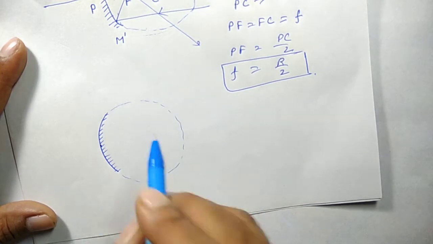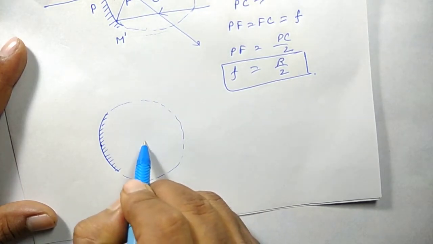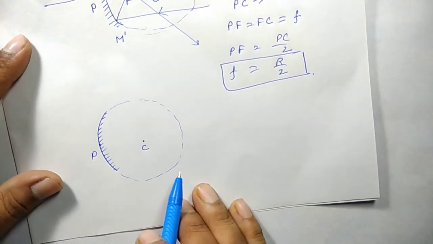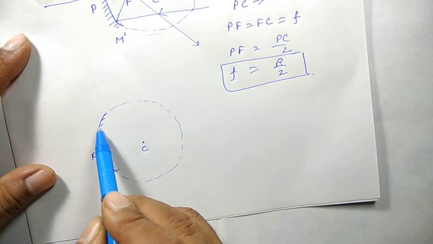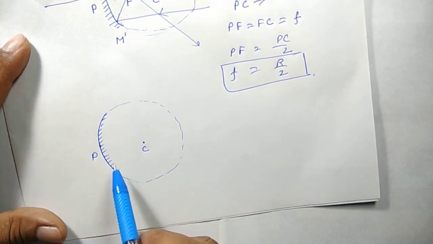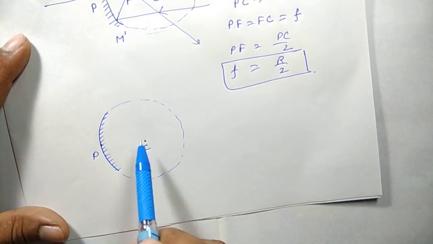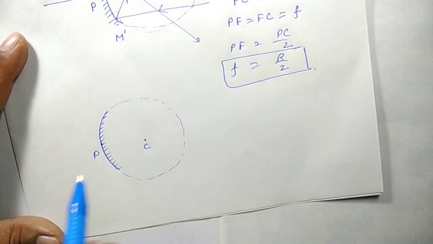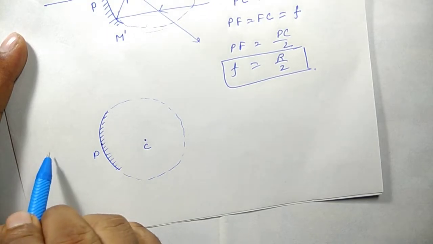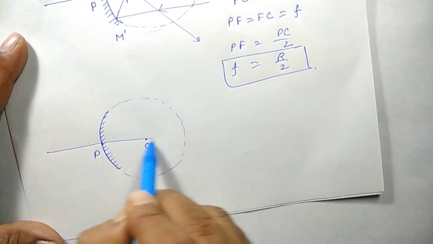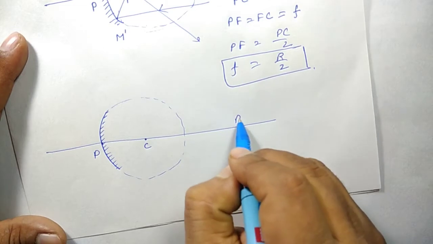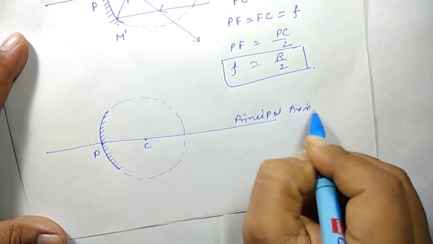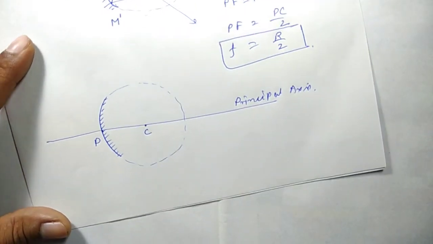The center of curvature will be the center of the sphere, C. This time the reflecting surface is the outer surface of the curvature. That means the center of curvature must be on the opposite side of the reflecting surface. If we join P and C by a straight line, that forms the principal axis of the mirror.